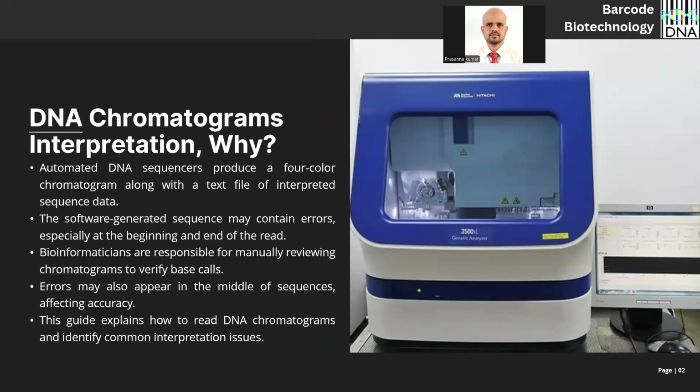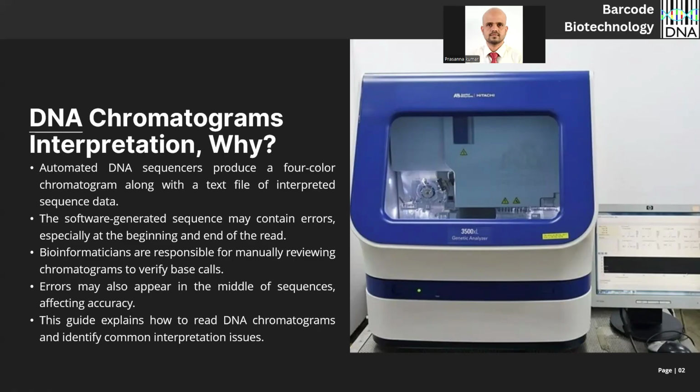So what is DNA chromatogram interpretation? The chromatograms are an automated sequencer produced four-color chromatogram, along with the nucleotide text at the top of the chromatogram. Usually these peaks will contain errors for many reasons. The errors in the chromatograms are not only machine-based; they actually start from the first process of DNA sequencing, which is DNA isolation.